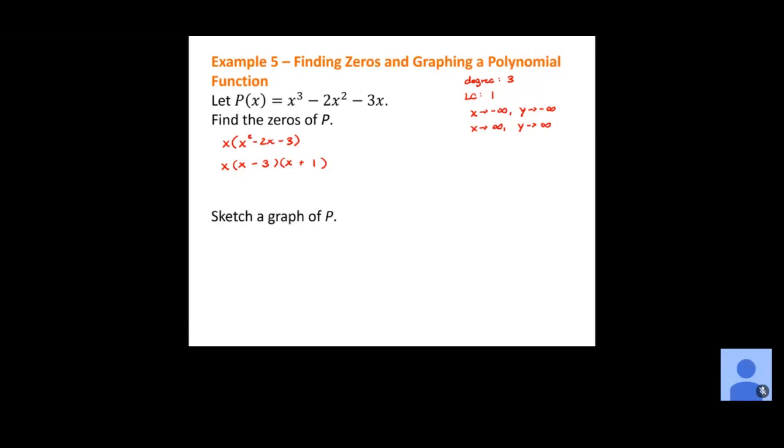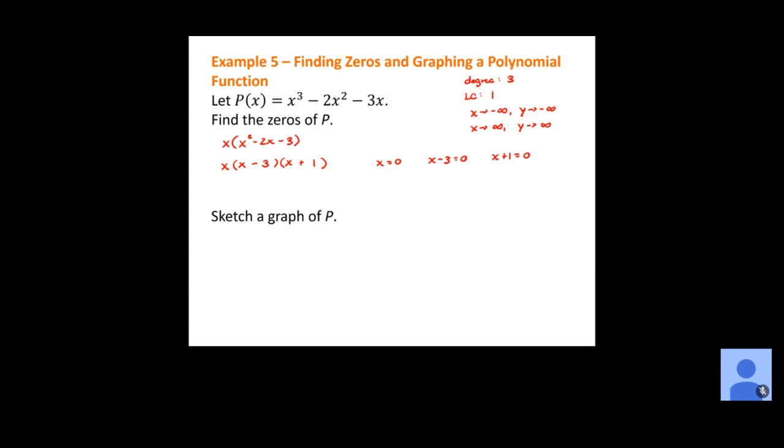All right, now that we have our factors, what are we going to do? Good. Set each factor equal to 0. So we're going to have x equals 0. That's our first one. x minus 3 equals 0. And x plus 1 equals 0.